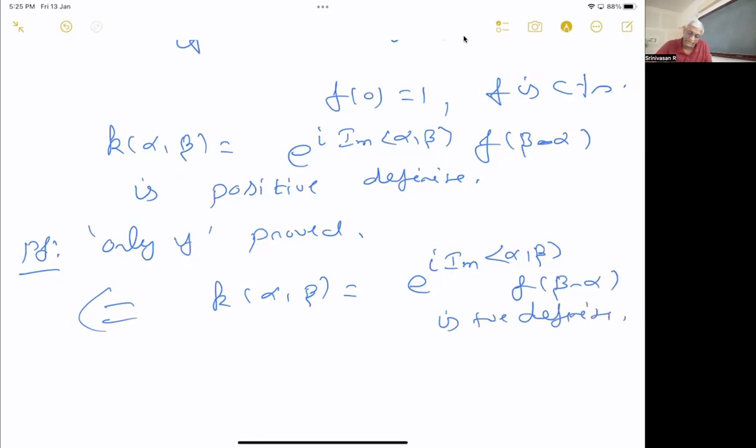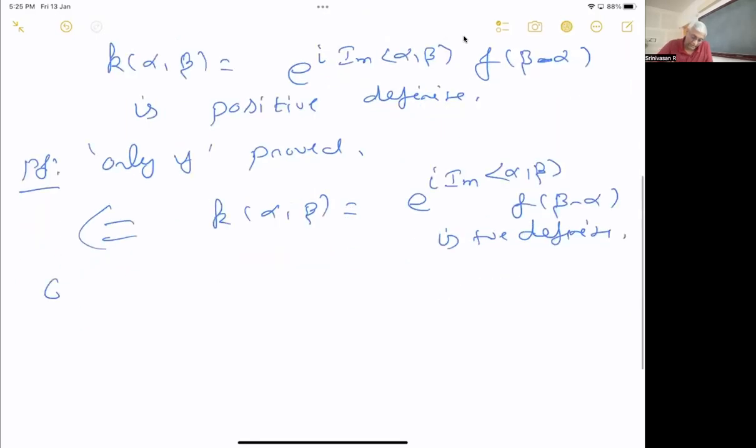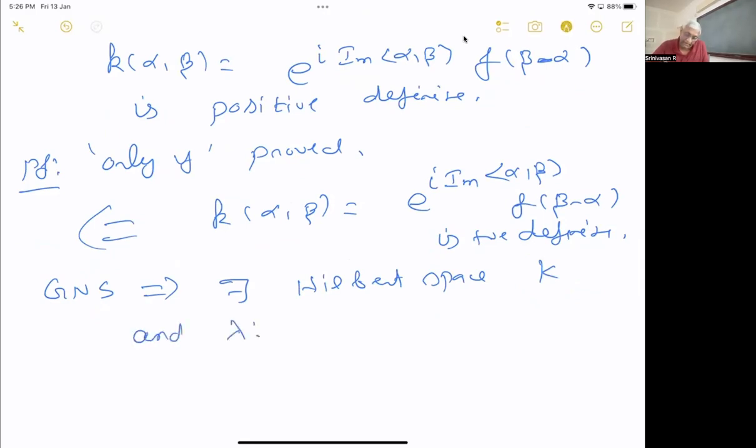So GNS or Kolmogorov construction implies the following. There exists a Hilbert space, let's call it K, and a function lambda from Cn to K, alpha going to lambda alpha, such that the following conditions are satisfied.